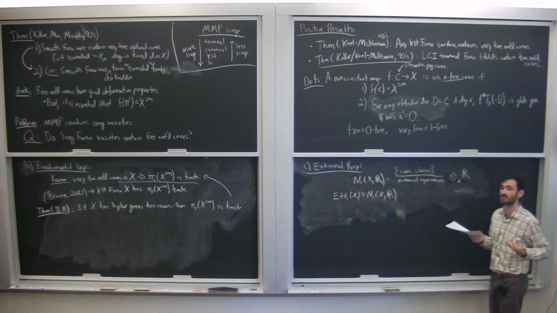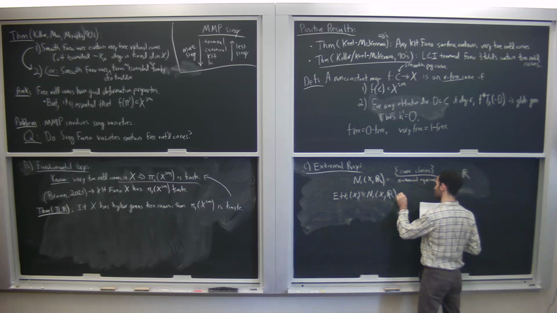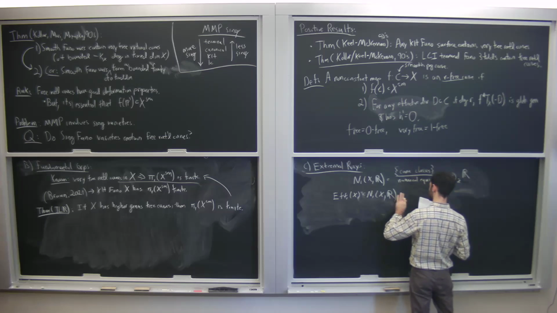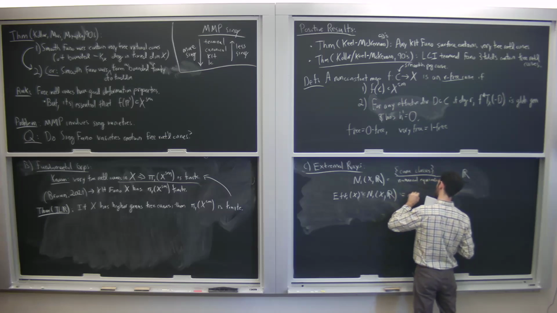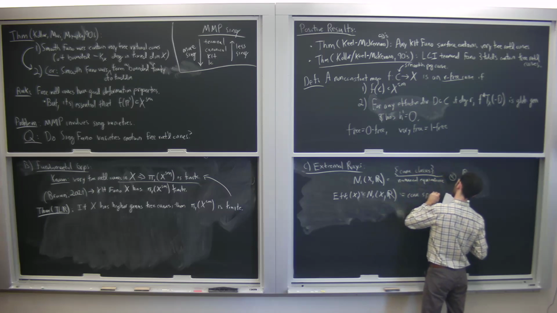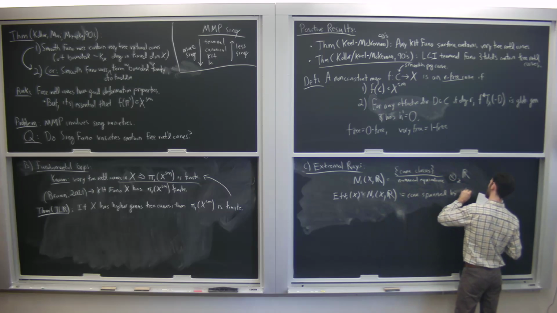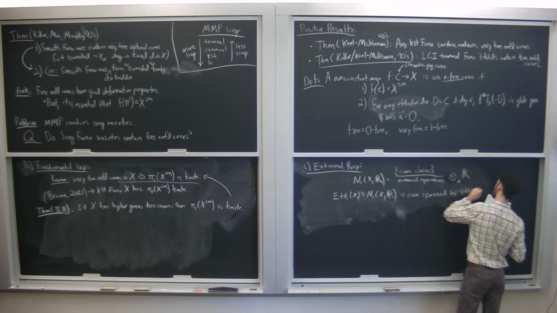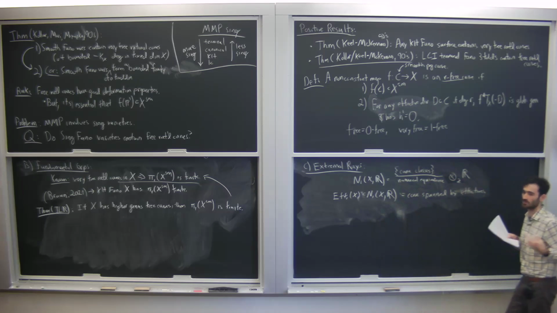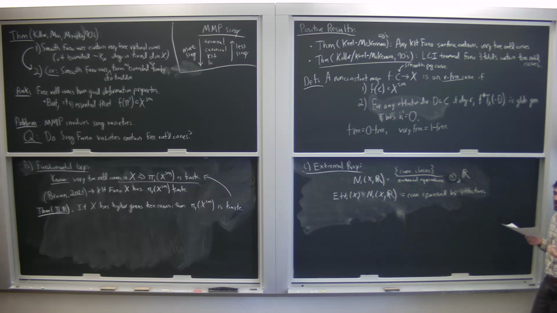So inside of this vector space, we have a cone of effective classes. This means I want to take formal sums of curve classes with non-negative coefficients.